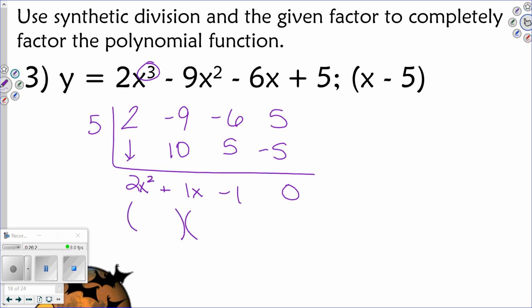We need to factor this. So I have 1 plus, 1 minus. Options for A, so 2 and 1, so 2x and 1x. Options for C, 1 and 1. If I check this, my signs are backwards. So there we go. But I should have 3 factors. x minus 5.